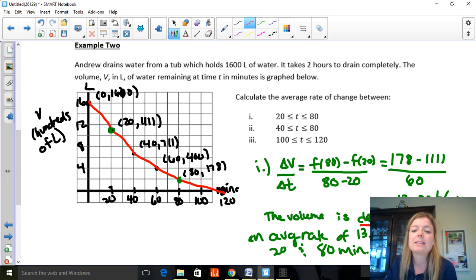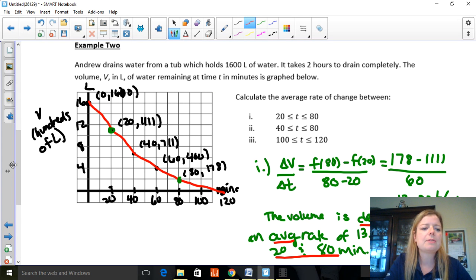If you say it's decreasing by a rate of negative 13.33, technically that's a double negative and that doesn't actually make sense. So I'm really looking for you to interpret this number properly. I'm also looking that you're using the word average in your sentence and showing me that this is between 20 and 80 minutes, and that in this case it's not the average of the entire time.